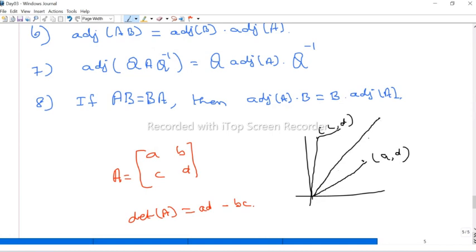Suppose this is one vector, call it X, and this is Y, then X plus Y should be here. So we form a parallelogram. The area of this parallelogram is the value AD minus BC. So the determinant of a 2 by 2 matrix represents the area of the parallelogram with the corner vertices given by its rows. This is only for 2 by 2.